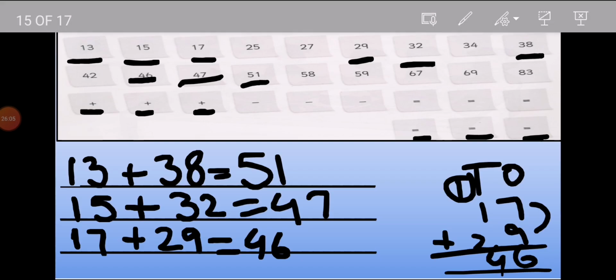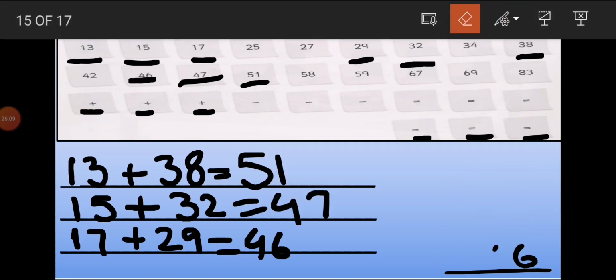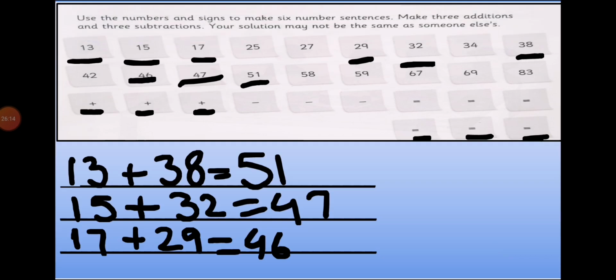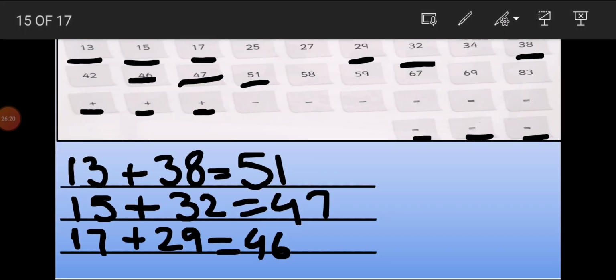Now we have done 3 addition sentences here. Now we are moving towards our subtraction number sentences. Now, here we make the subtraction sentence. Now, I am choosing for subtraction. Remember that we always choose the greater number first. We will write the greater number first, then we write the smaller number. So I am choosing here 83.